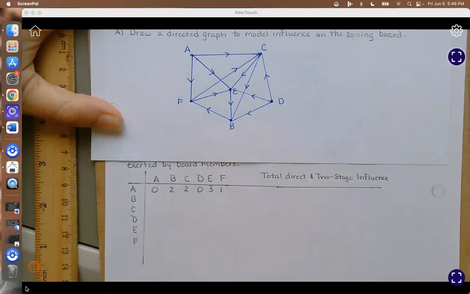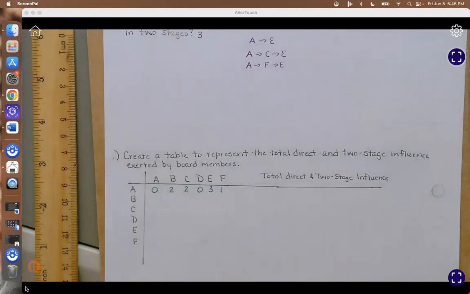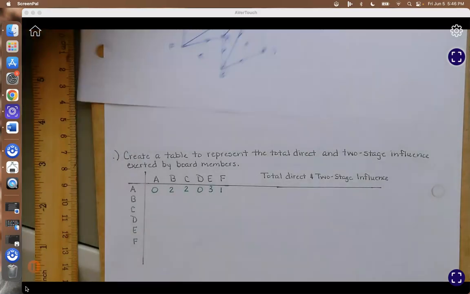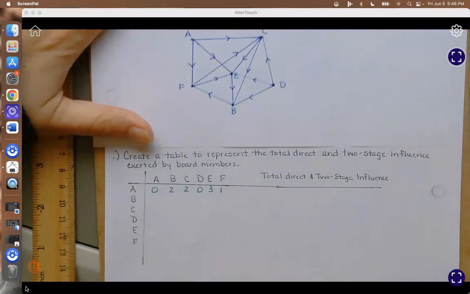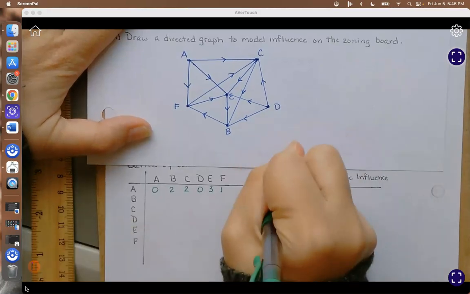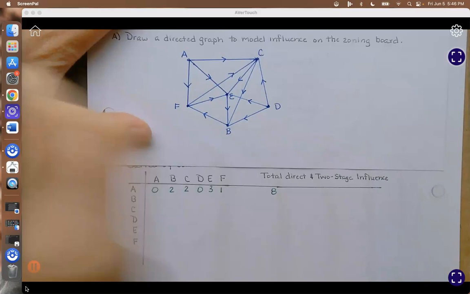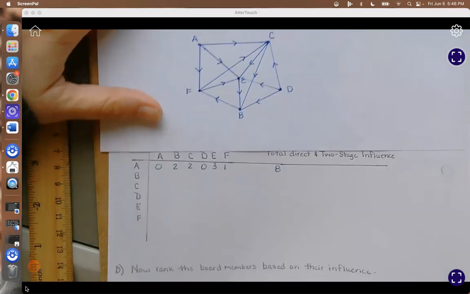So that's 1. Okay, so for that first row, Alvarez has an influence of 2, and 2 is 4, 4 and 3 is 7, 7 and 1 is 8. So Alvarez has 8 total direct and 2 stage influences.